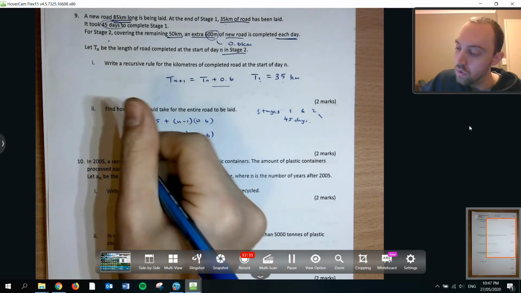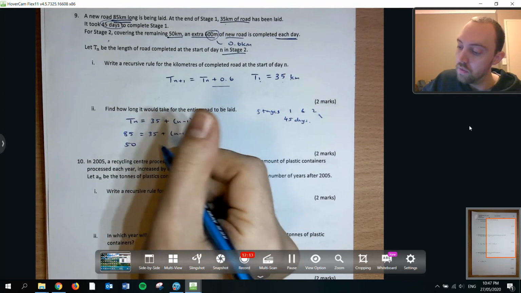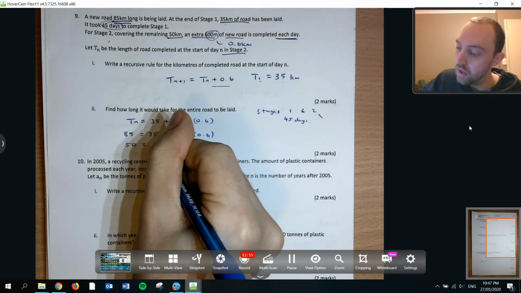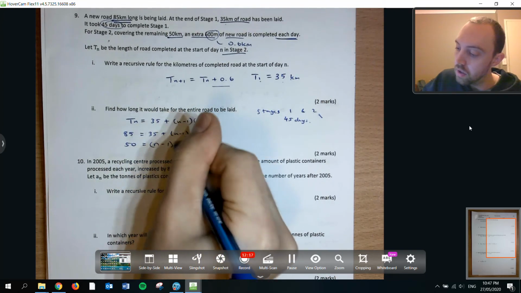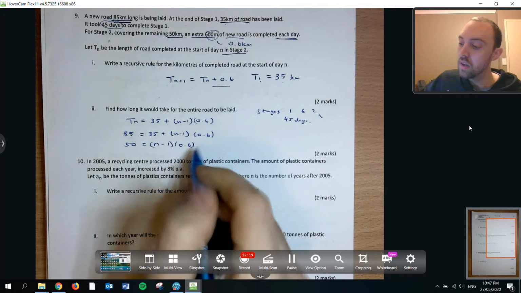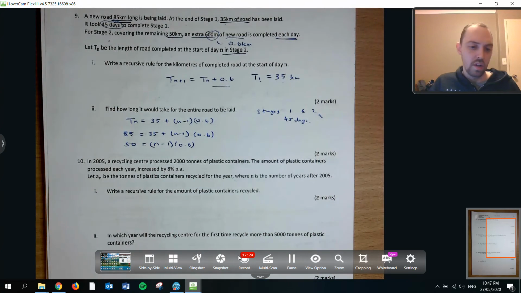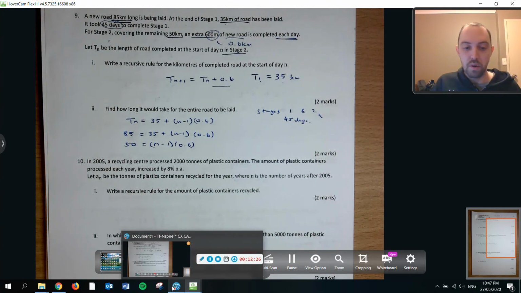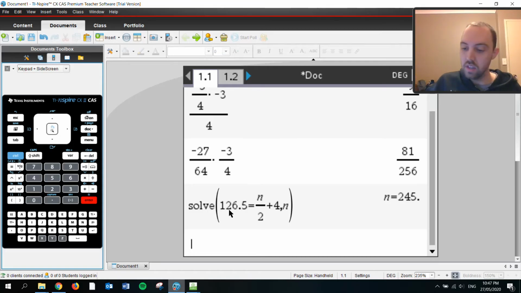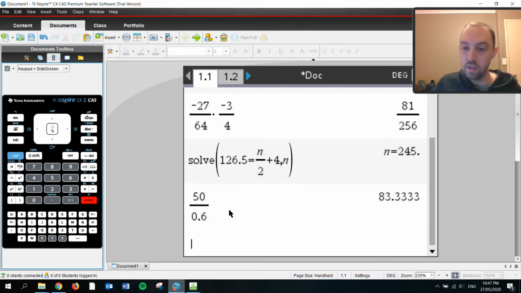So I'm going to take 35 from both sides, and I get n take 1 times 0.6. Because it's times 0.6, I need to divide by 0.6. Now, we could probably do this using fractions, but we might just jump to the calculator. 50 divided by 0.6.